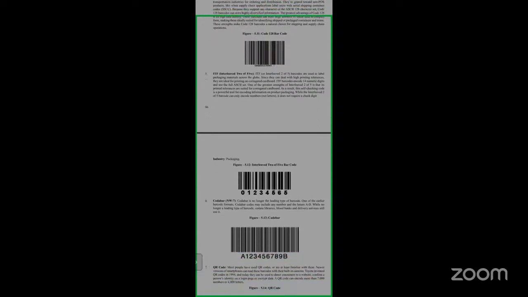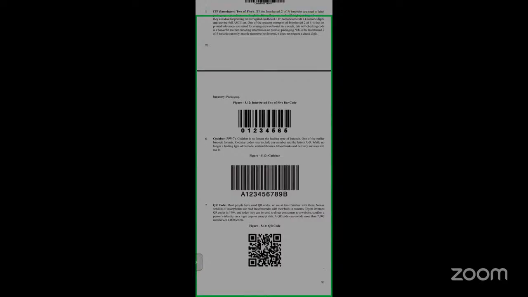Next is ITF, that is Interleaved 2 of 5, meaning 2 of 5 barcodes are used. You can look here, the 2 of 5 barcode looks like this. They are mostly ideal for printing on corrugated cardboard, and they are used for encoding information on product packaging. Next is Codabar.